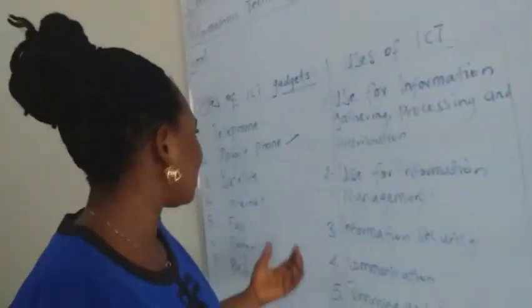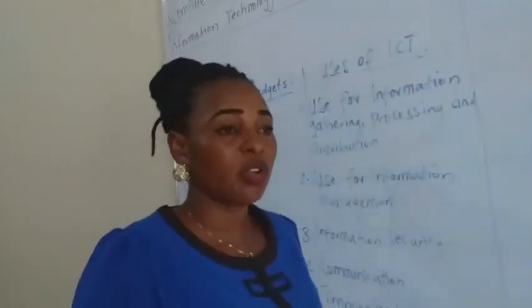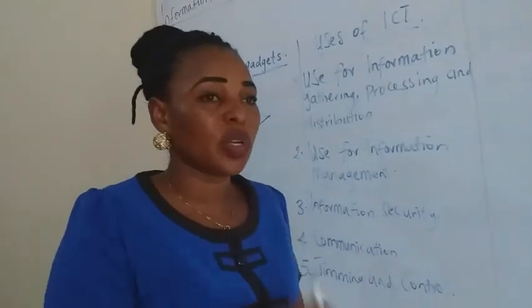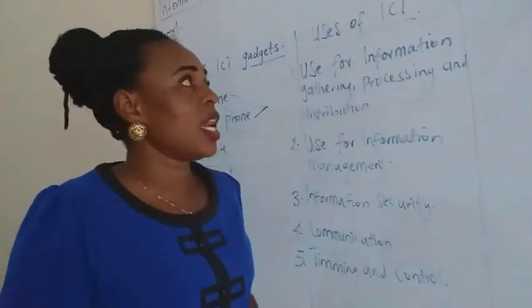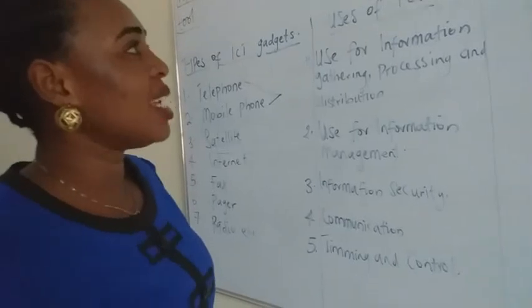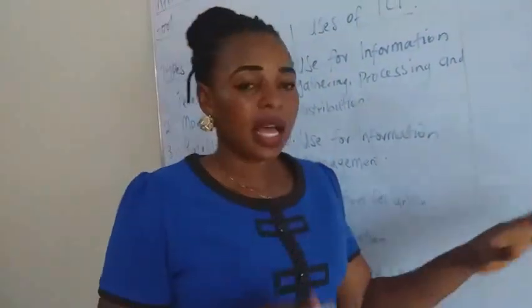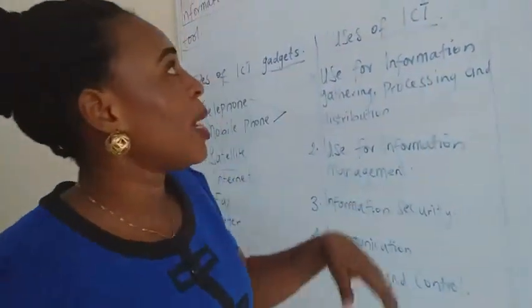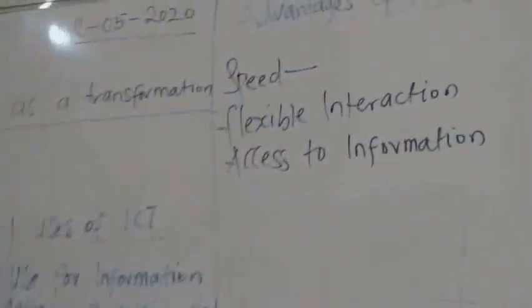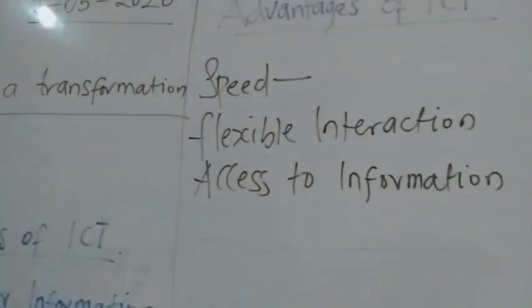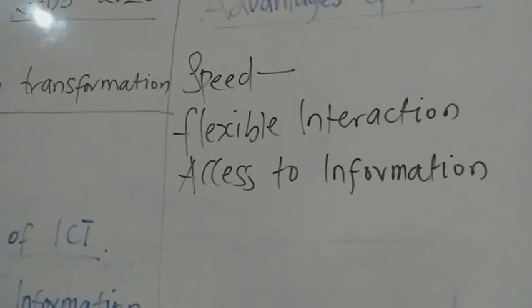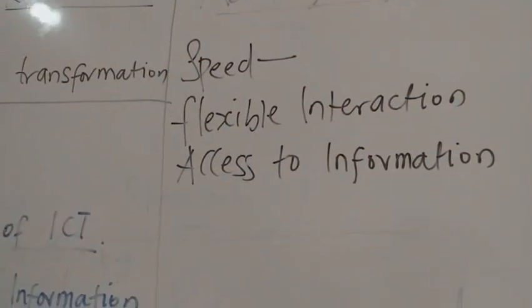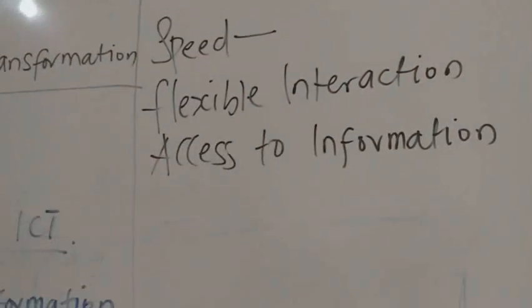But with ICT gadgets around you, you can get your information anywhere, anytime. So one of the advantages of ICT is that it gives us access to information. Remember, number 1, the advantage of ICT is speed. Number 2, flexible interaction. Number 3, access to information.